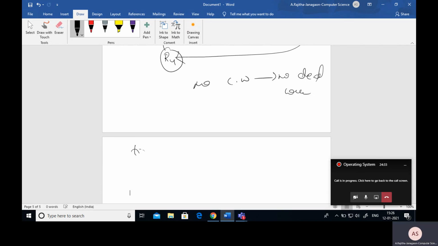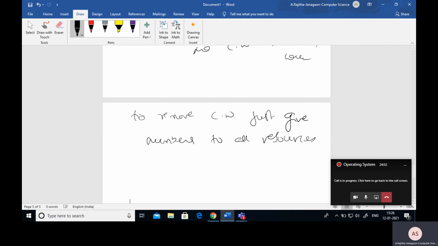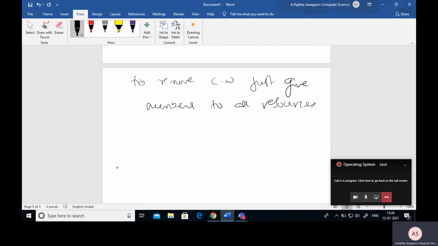For example, CPU is number 1, printer is number 2, some scanner is number 3, and some other network devices like that. So these are the numbers.